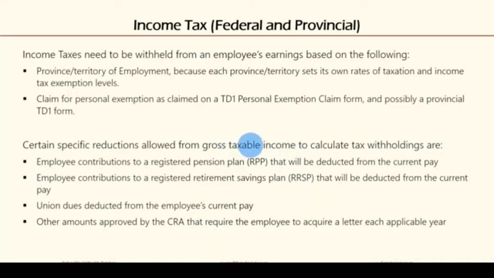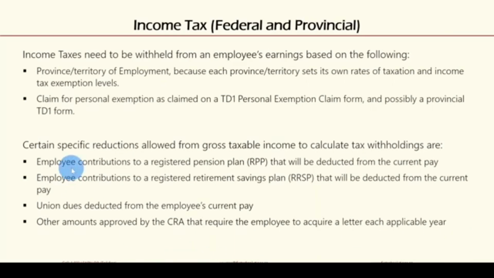How do we get the taxable income down? Because if you get the taxable income down, then of course the tax you will be paying is also going to be on the lesser side. We get a smaller tax bill, or maybe none, depending on the individual or taxpayer situation.